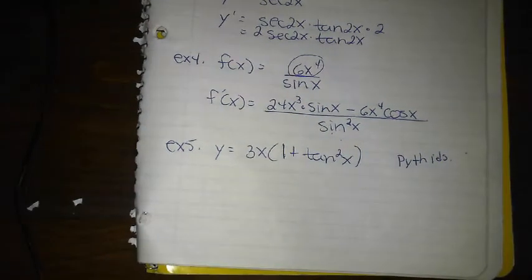I don't have the blue sheet, but the blue sheet came right out of the book. If you take a look at your Pythagorean identities, right here, 1 plus tan squared does equal a secant squared.